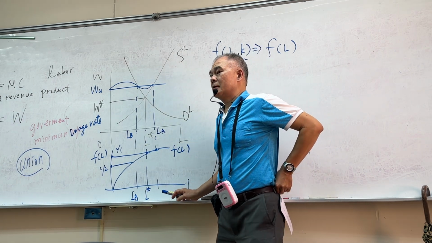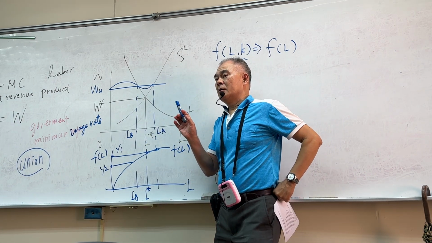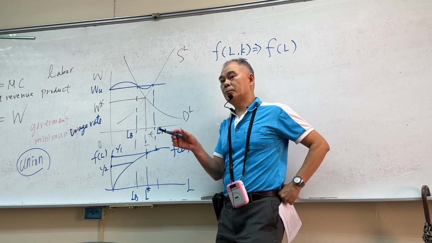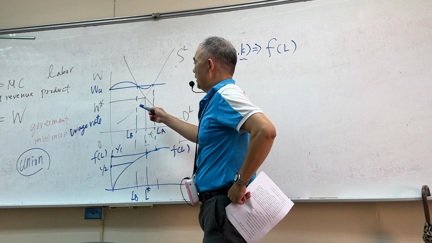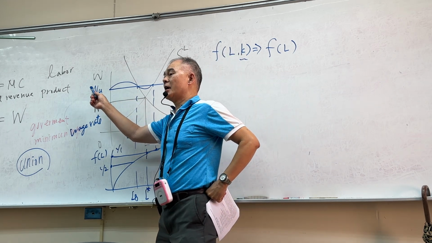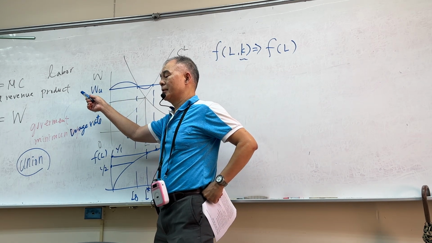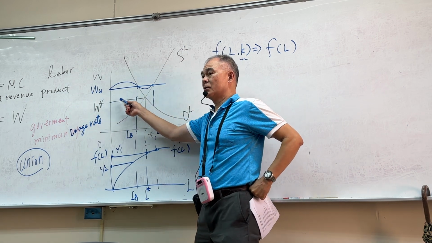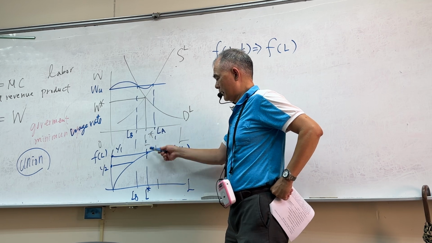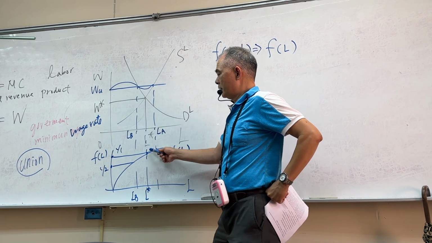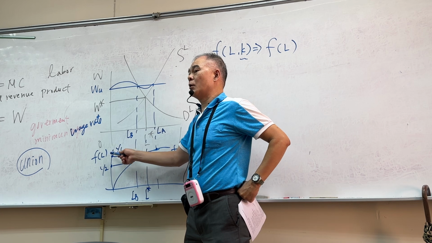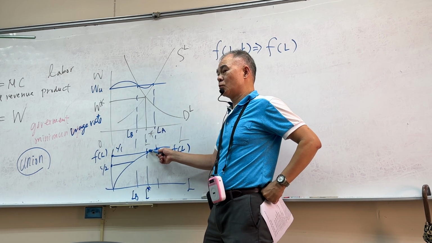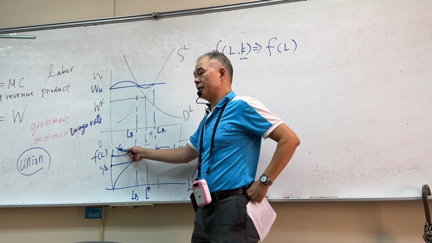So look at this. John Maynard Keynes has a point. His arguments could be right, okay? If this union insists on a higher price for their labor, so the wage rate is higher than the market equilibrium, what happens? Originally, if the market runs smoothly, the output could be at Y1.